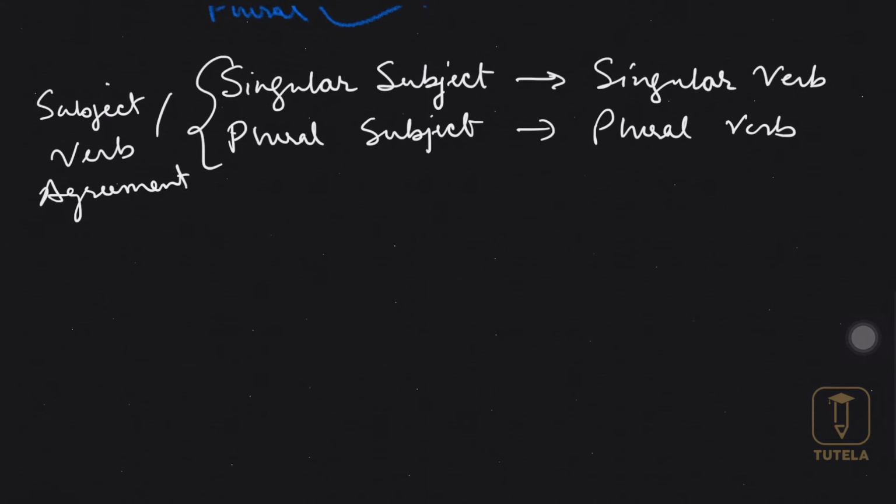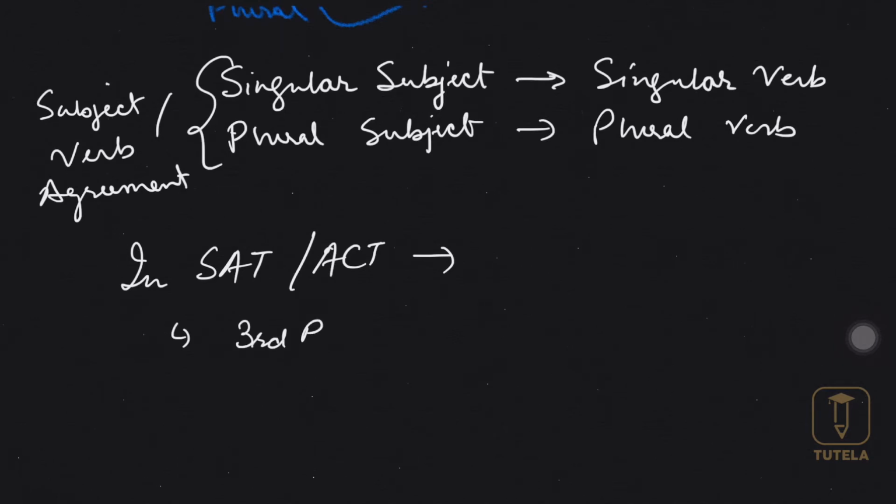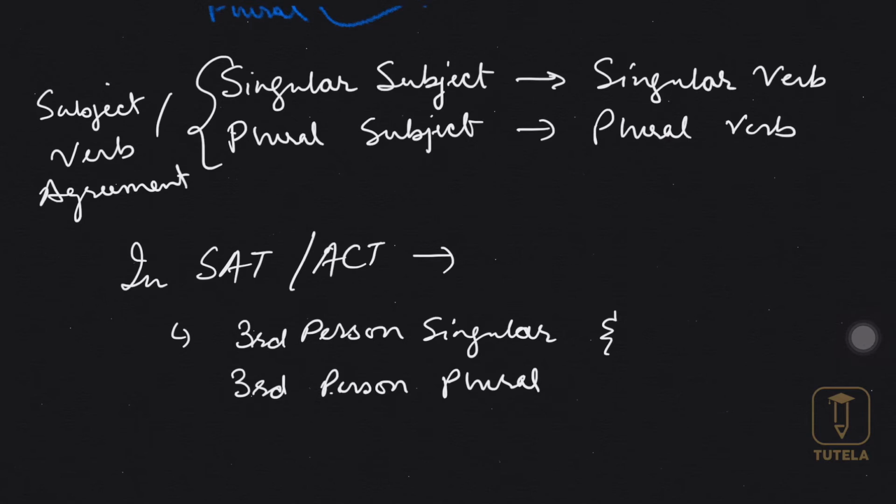Moving forward, we need to understand how to study subject-verb agreement with respect to ACT and SAT. In SAT or ACT, what is commonly tested with respect to this? We are tested on something called third person singular and third person plural forms of verbs or verb usage.